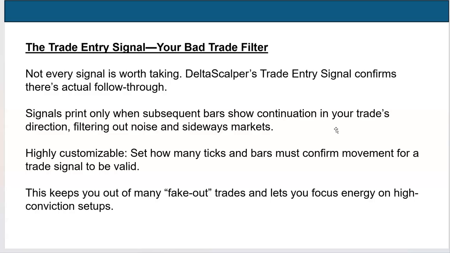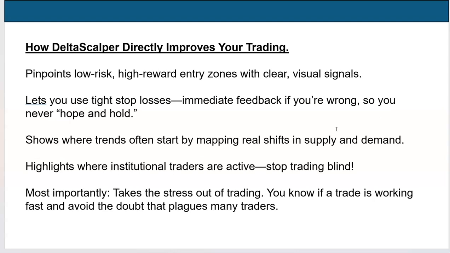So it's going to help filter out noise in sideways markets. It's very customizable. You can set how many ticks and bars must confirm movement for a trade signal to be valid. And this keeps you out of many fake out trades, where it looks like it's going to go and then it doesn't, so that you can focus your energy on high conviction trade setups.